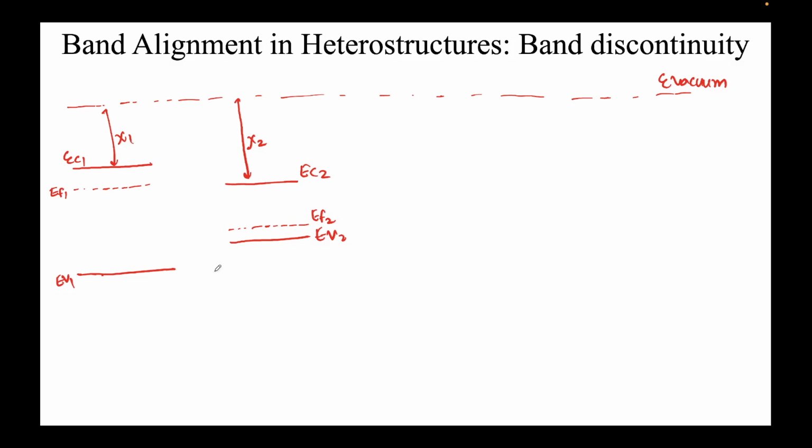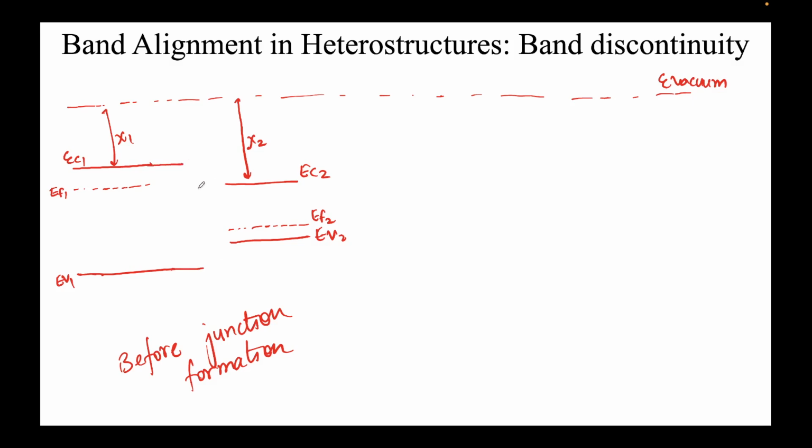So the diagram on my left is before junction formation. Essentially what I'm going to do is bring them closer and closer together, but you can at least notice that it is a straddling type.